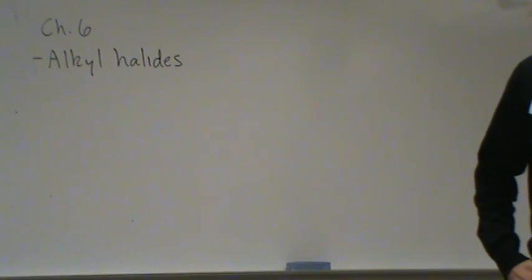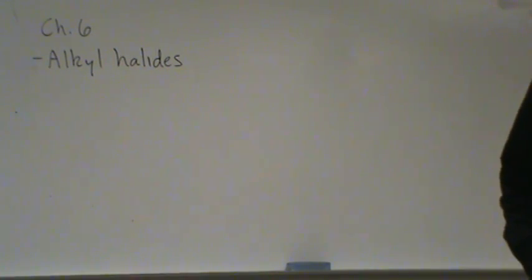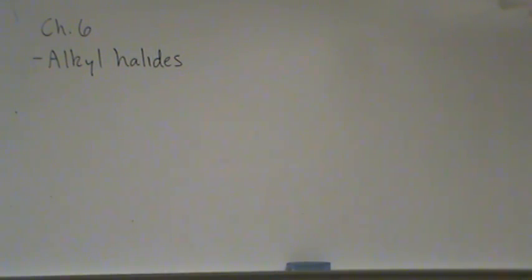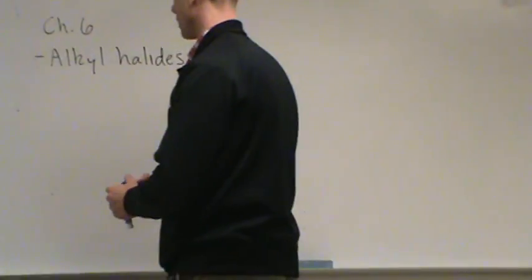Okay, alkyl groups with halogens. Removal of one hydrogen from alkanes, replacing it with a halogen. Or you could have 2 halogens on there, or 3, or however many you want. So that's exactly right. So let's go ahead and start looking at some of these.